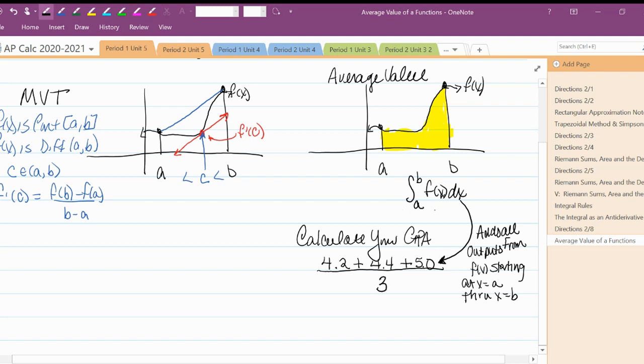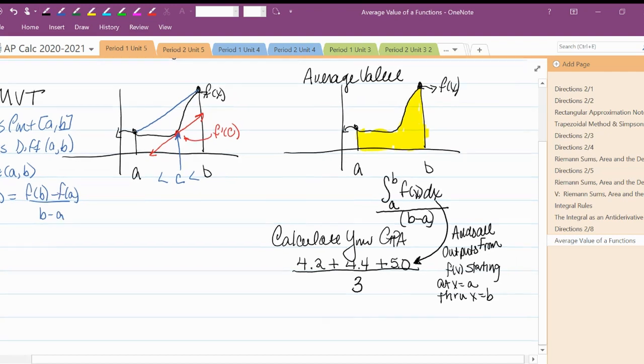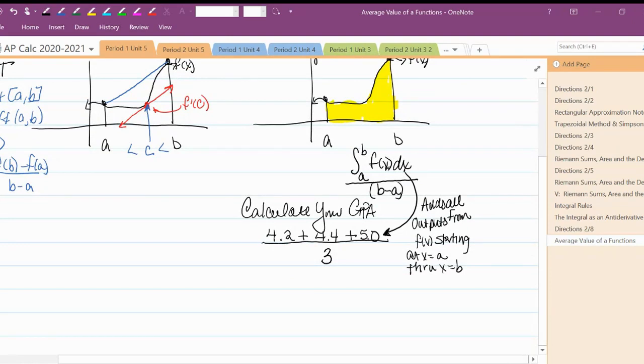So what we would do in this formula is we would divide by the length of our interval. And then that looks kind of clunky, so we wouldn't see this in our textbook written in this manner.